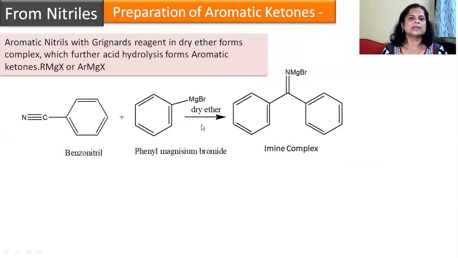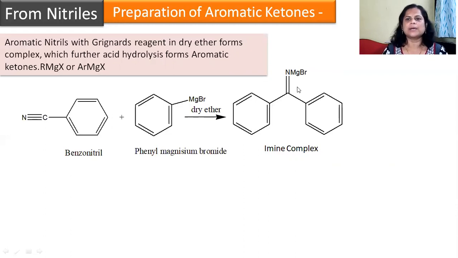In presence of dry ether, the formation of an imine complex takes place. A similar type of reaction takes place. Means the phenyl group of phenyl magnesium bromide forms a bond with the carbon of benzonitrile, and therefore it forms the structure with two phenyl rings bonded with the double bond NMgBr.